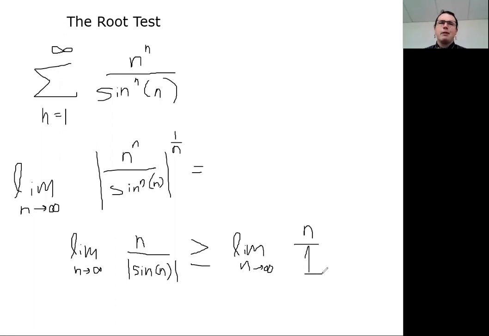Well, what happened? The sine function is bounded. The very largest it can be is positive 1. The very smallest it can be is negative 1, but I'm using absolute values.